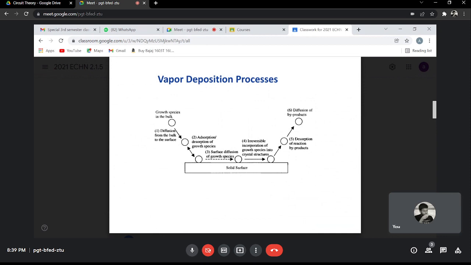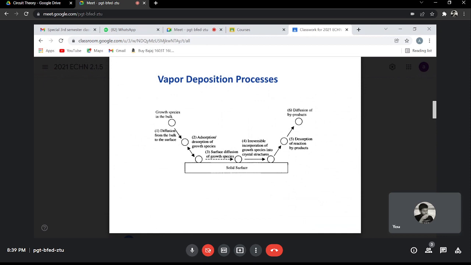Now, after it is bound, it still is loosely bound, so it can still move. Now, you can imagine that if you have one atom or one molecule of this gas sitting at one point, you want it to be uniformly distributed over the surface, right? You want a uniform coating. So in order for that to happen, you need something called surface diffusion.